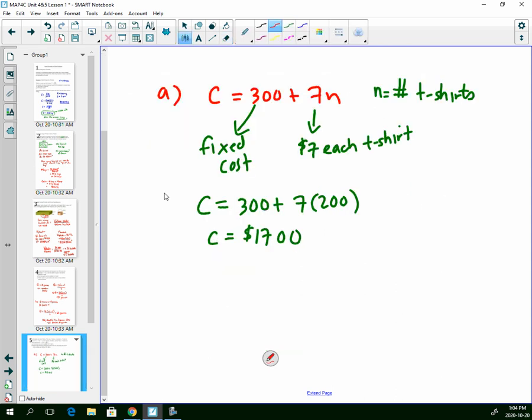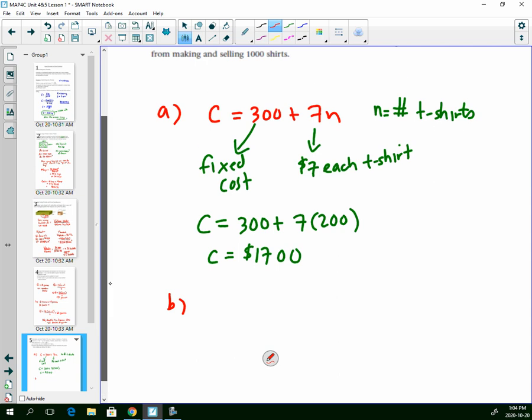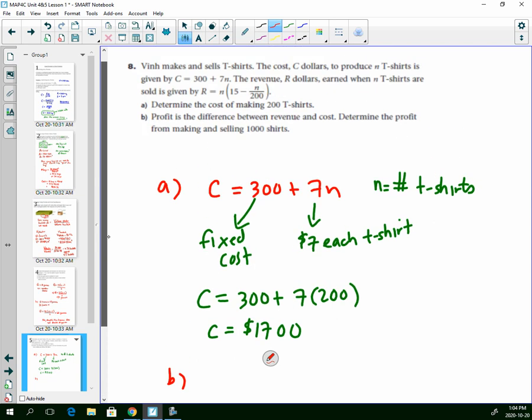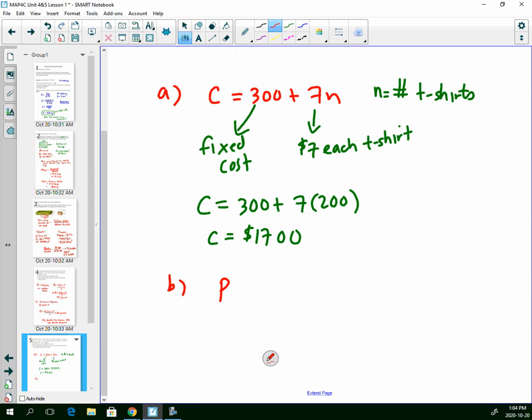And then B says profit is the difference between revenue and cost. So profit is the money you earn when you take your revenue, right, what you get from selling, and subtract the cost it took to make the item.